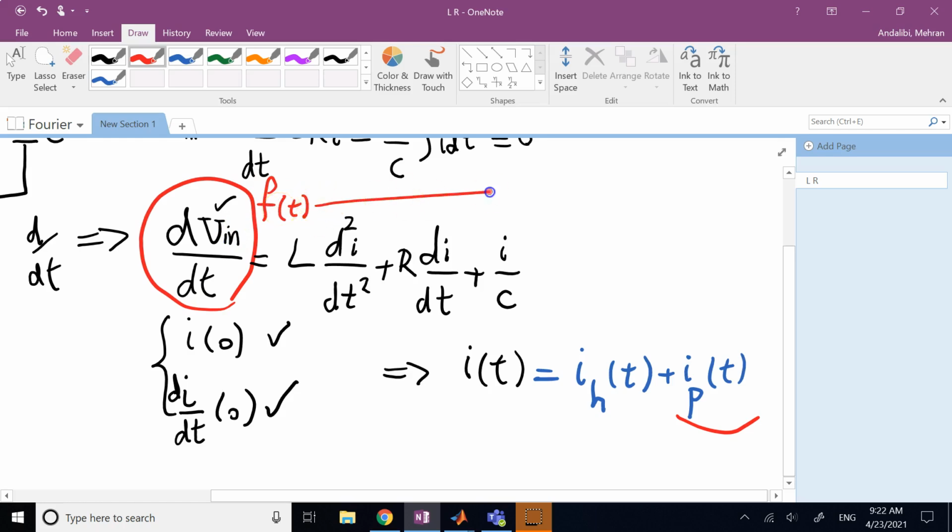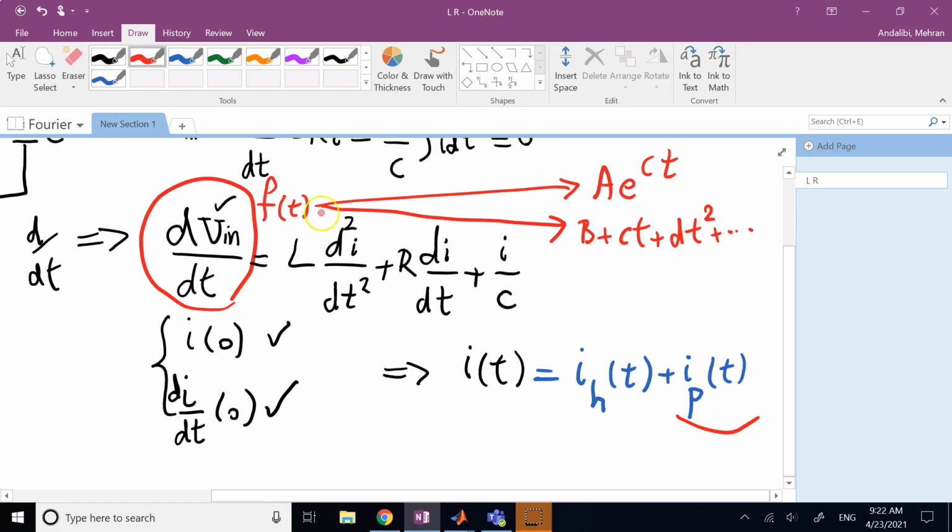As I said, if this f of t is an exponential function, or it is a polynomial function, or it is a harmonic function, if it's any of these or combination of them, then finding the form for this particular solution is not hard, and you can do it based on the forms of these and the roots of the characteristic equation, which comes from basically setting the left-hand side 0 and then forming a polynomial based on these derivative terms that you also would use for homogeneous.